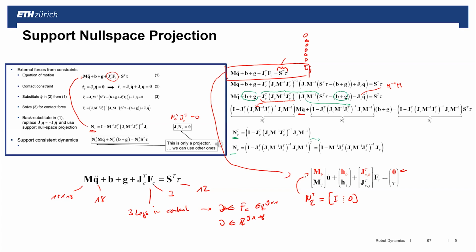So the first question here is, by using this null space projection, can we ignore the contact forces? And this is true. We are projecting into a subspace where the equations of motion are not depending on the constraint anymore. So in other words, if you look back to when we discussed generalized coordinates and minimal coordinates, we said minimal coordinates are the coordinates that describe the motion consistent with the constraints.